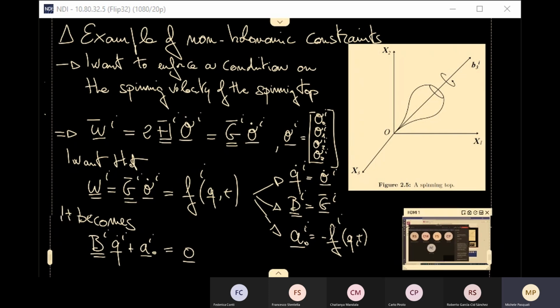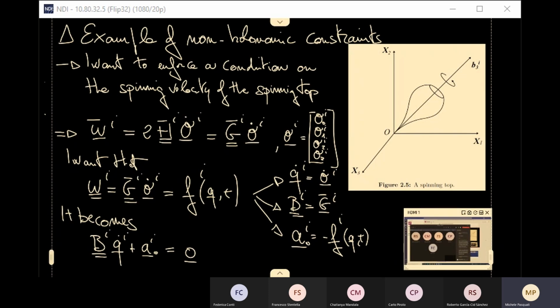Do holonomic and non-holonomic constraints count the same in terms of enforcing constraints?